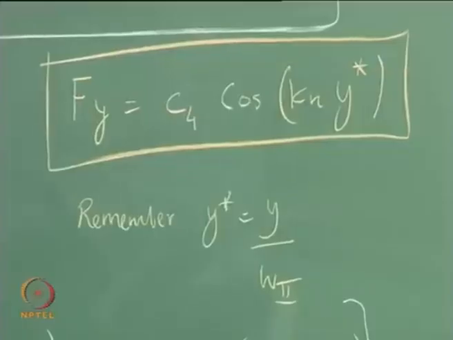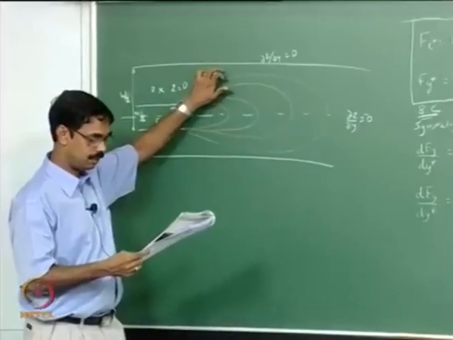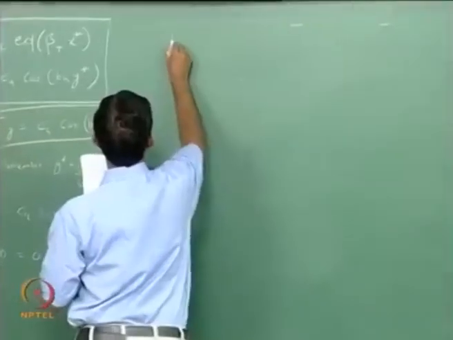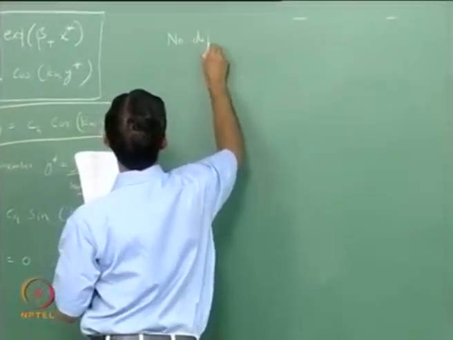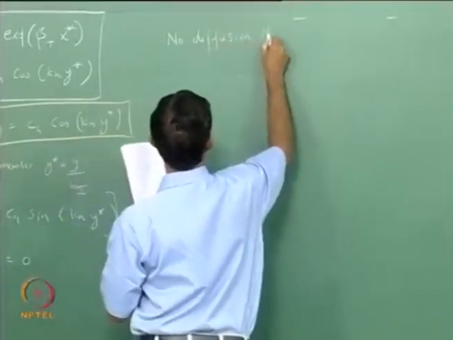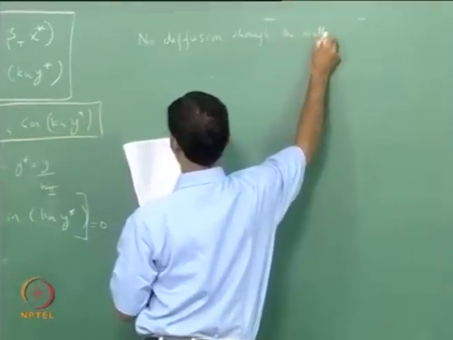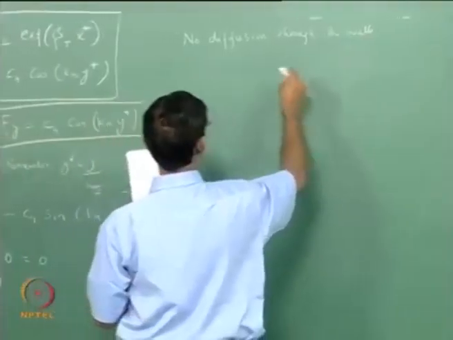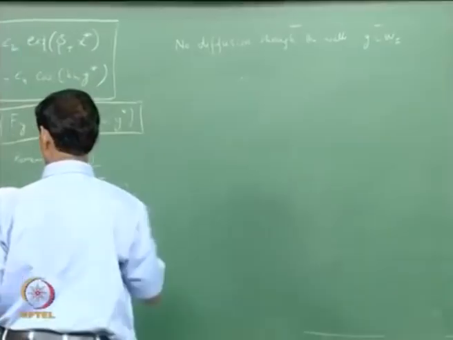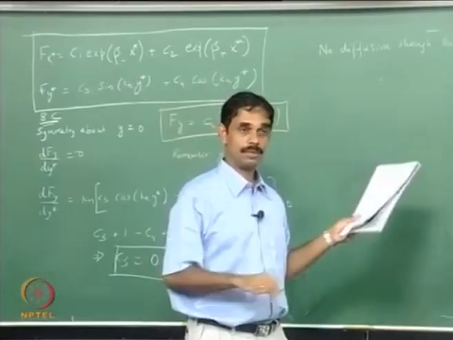So next boundary condition is we have this is the wall, there should not be any diffusion through the wall. So dz over dy should be 0 here. So the wall is, so once we enforce y equal to W1, y equal to minus W1 will automatically be enforced because we already enforced the symmetry.